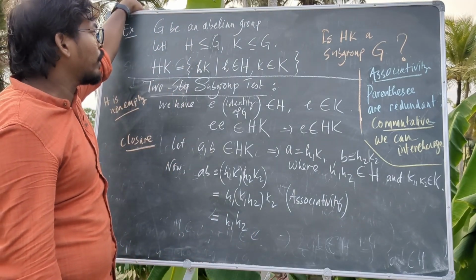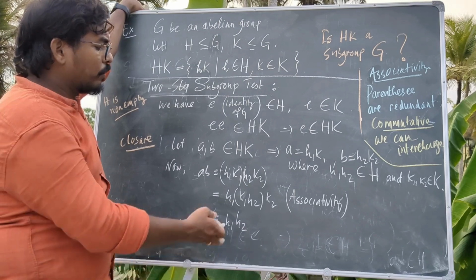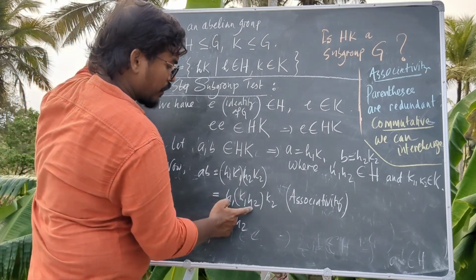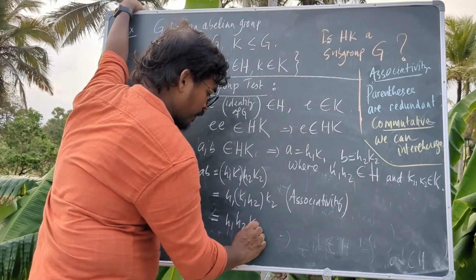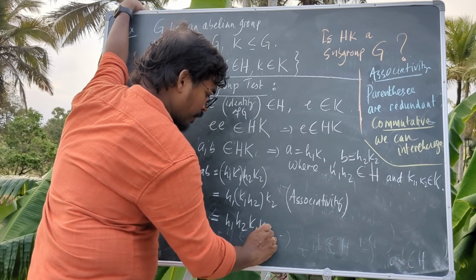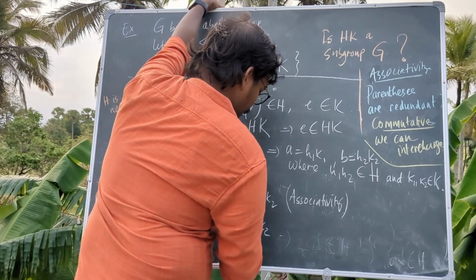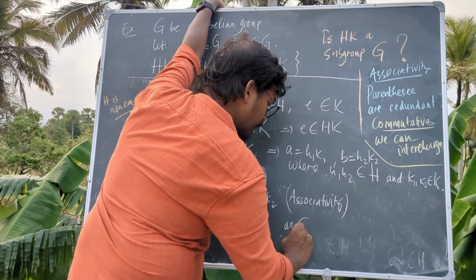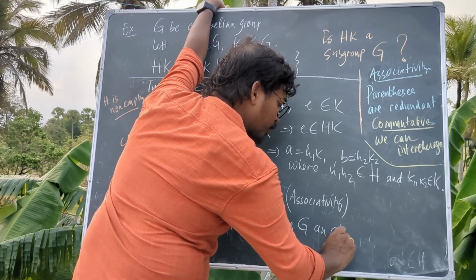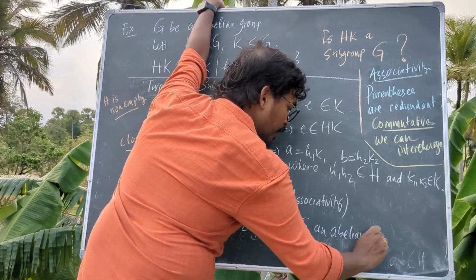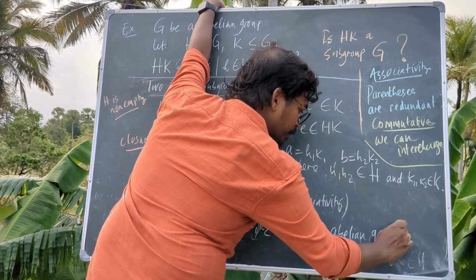If G is not an abelian group, then we can't interchange H2 and K1. As G is an abelian group, it has commutativity.